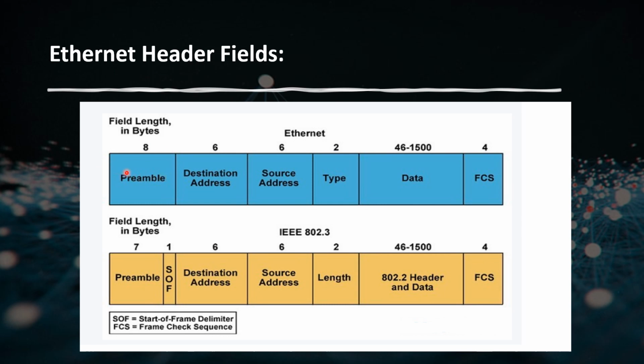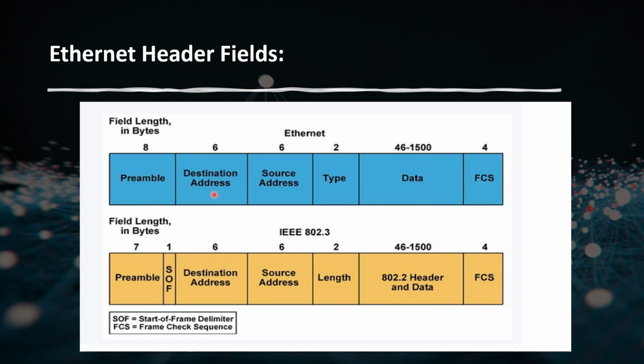The preamble is 8 bytes of information, and from IEEE 802.3 this preamble is divided into two fields, SOF, which is the start of the frame delimiter. We can also call it start of the frame. It indicates the starting of the frame, and the preamble synchronizes with the physical layer. As we know, at the physical layer the data is in the form of bits, zeros and ones, and it synchronizes the physical layer with the data link layer.